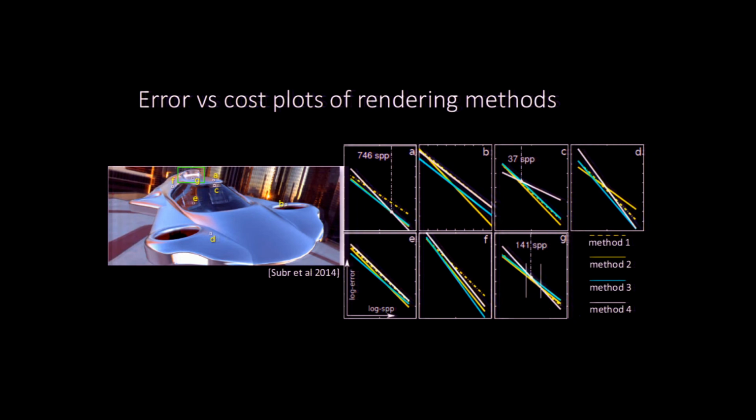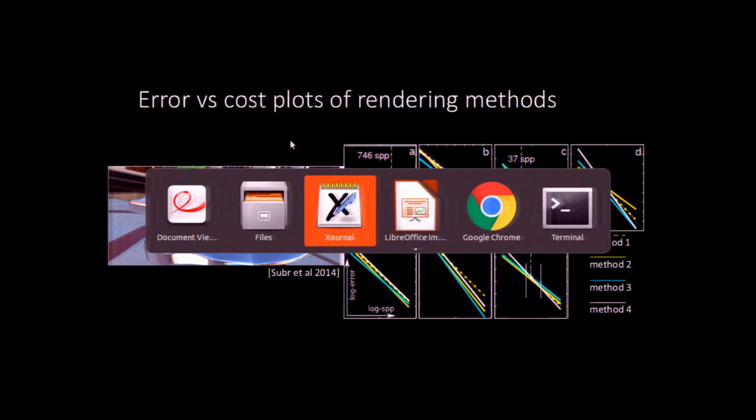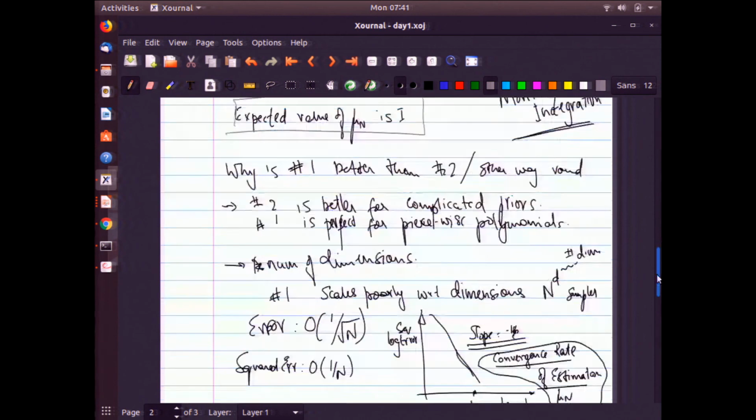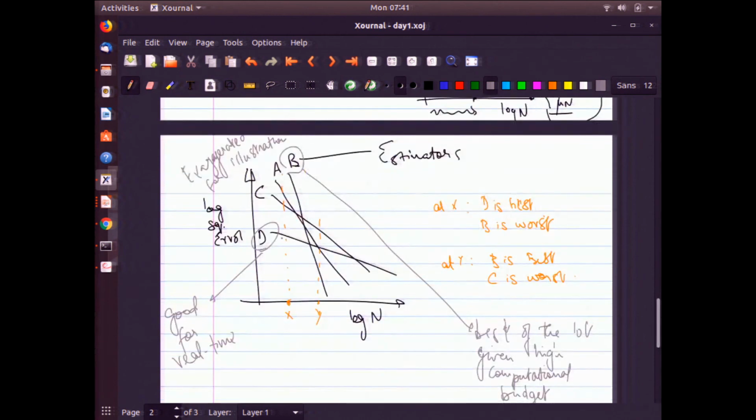So the thing that maybe was not obvious when I drew this earlier, because I didn't want to draw too many things, is in this curve, I can have another algorithm just like D, here. And this has exactly the same convergence rate as D. So the slope will tell you the same thing, but it's so far above that its error will be much higher.